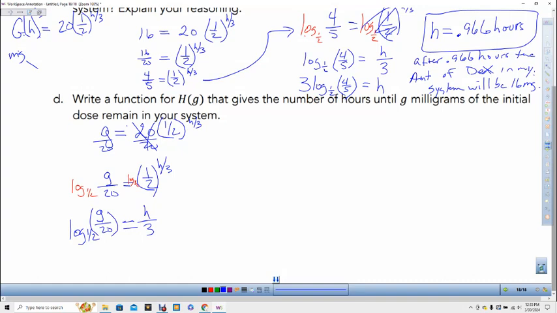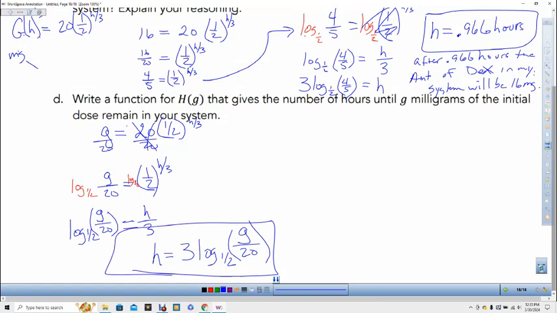And then to get rid of the 3, I'm just going to multiply both sides by 3. So h is going to equal 3 times the log base 1/2 of g over 20. So there is your h of g.